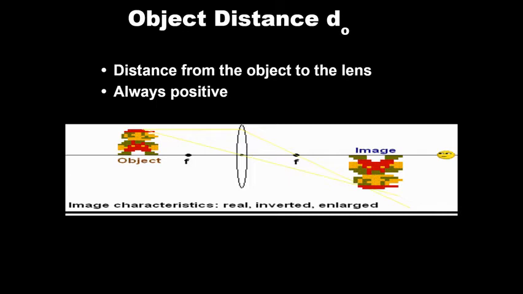So, for example, here, the object distance is just the distance from the object to the lens. For lenses, the object distance is always positive.